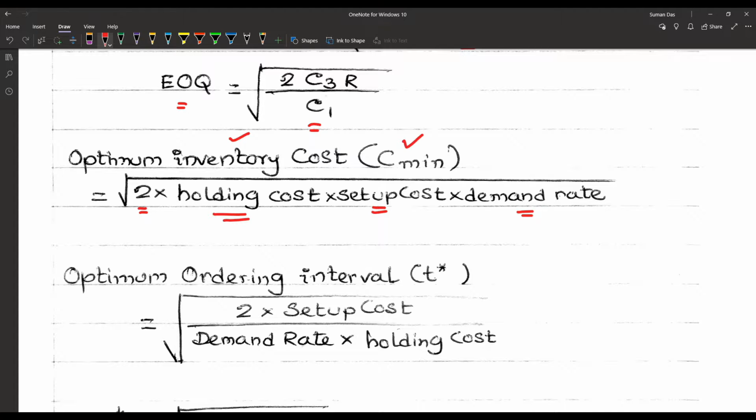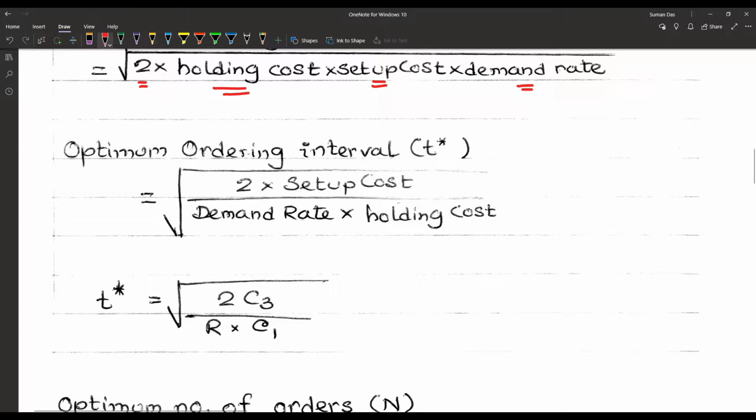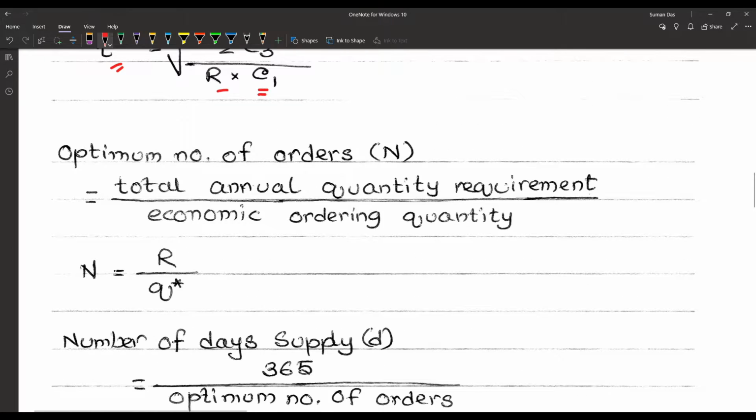And what is the optimum ordering interval, denoted by T star? That is equal to square root of 2 into setup cost upon demand rate into holding cost, that means T star is equal to square root of 2 C3 upon R C1.